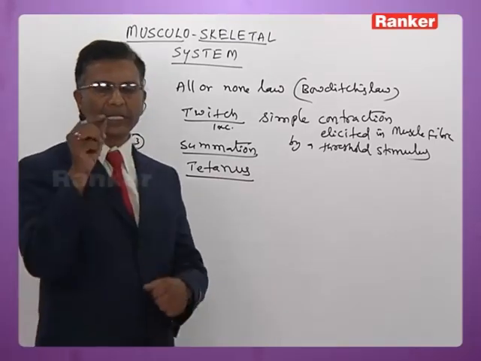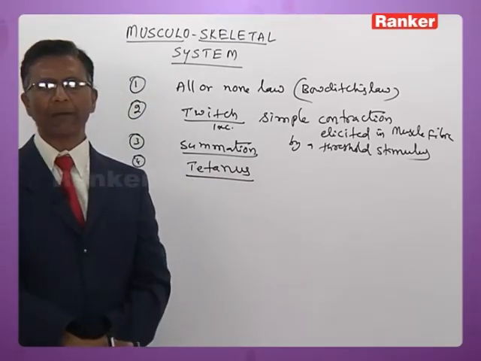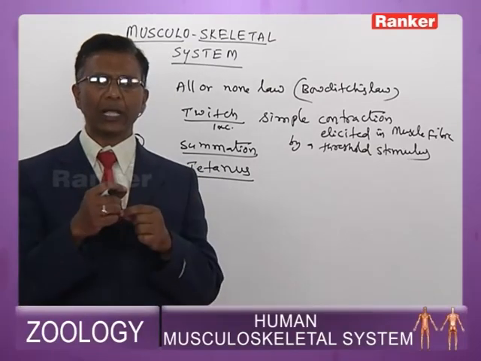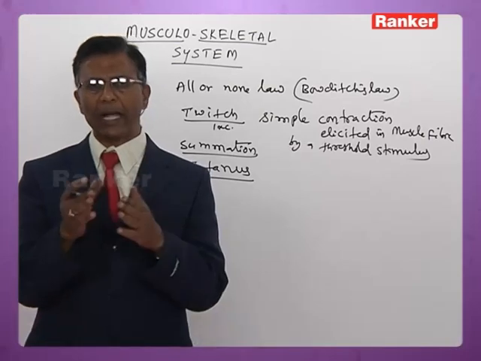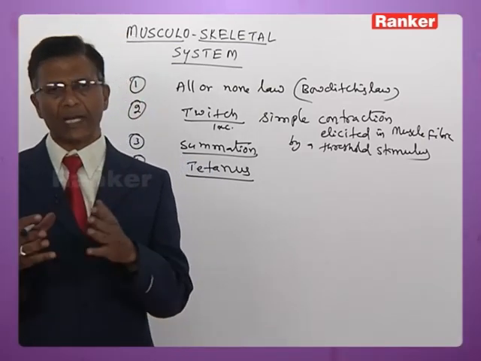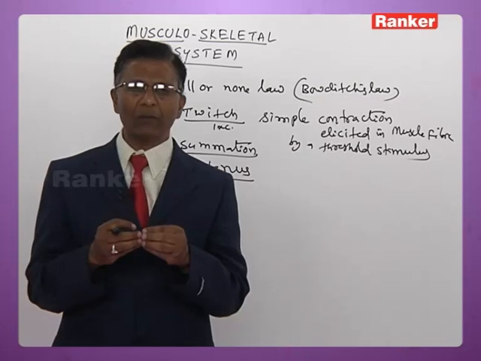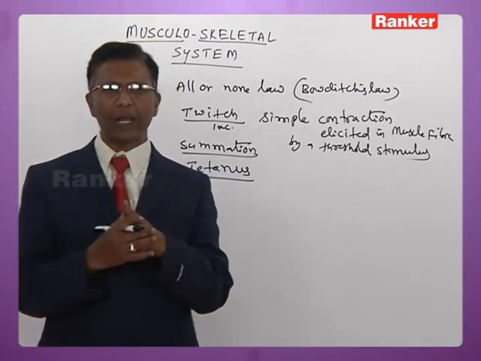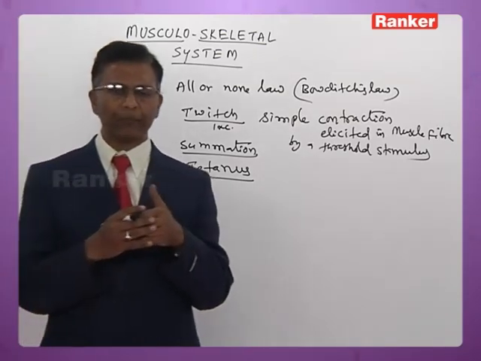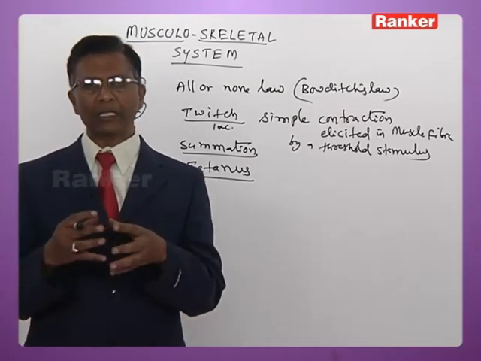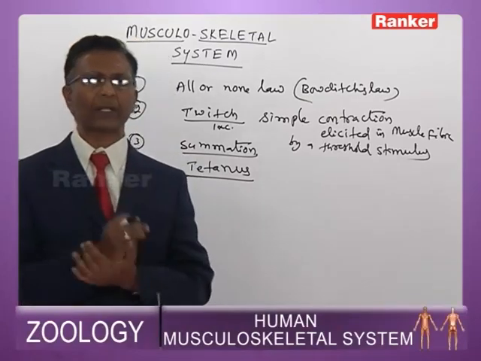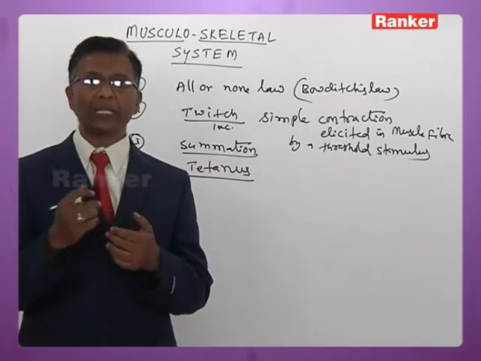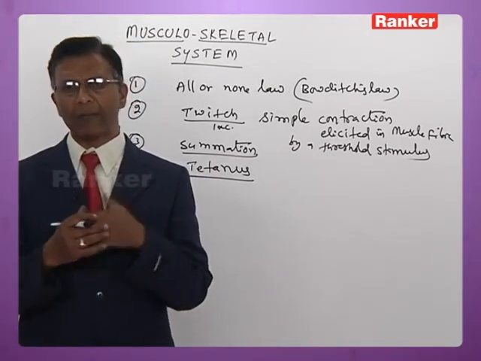Tetanus: a threshold stimulus is given. When the threshold stimulus is given, as you learned here, it undergoes a twitch involving the latent phase, the contraction phase, and the relaxation phase. After completion of the relaxation phase, if a series of stimuli are given without much delay, several muscle fibers, or you can say several bundles of muscle fibers, start contracting vigorously one after the other.